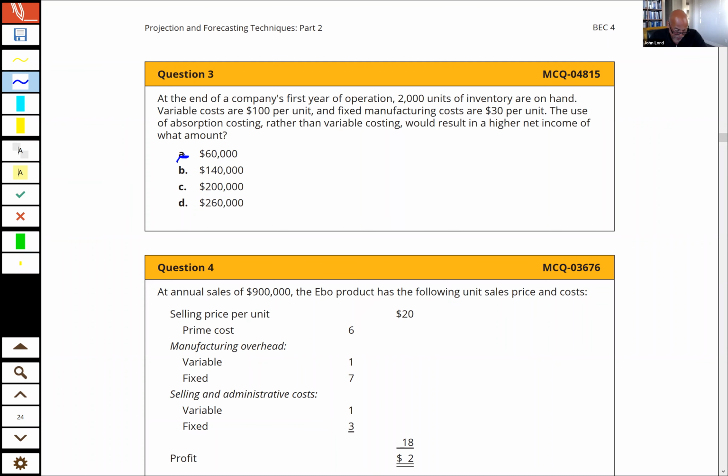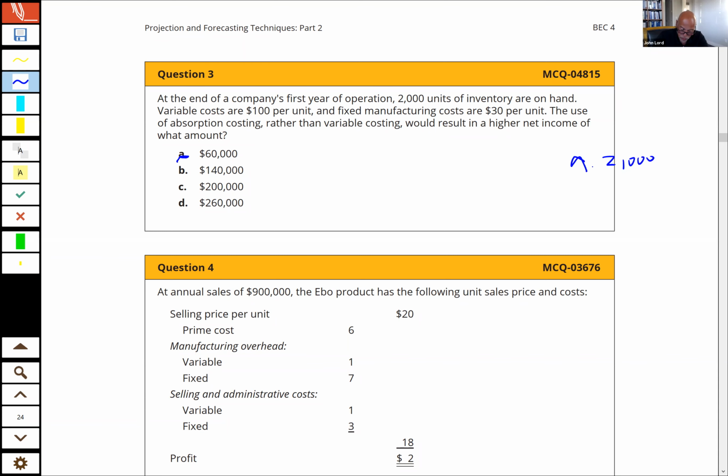So at the end of its first year of operation, 2,000 units of inventory are on hand. If I start my business, how many units of inventory do I have? 0. By the end of the year, I have 2,000. So did my inventory go up or down? Up. My inventory went up 2,000 units.